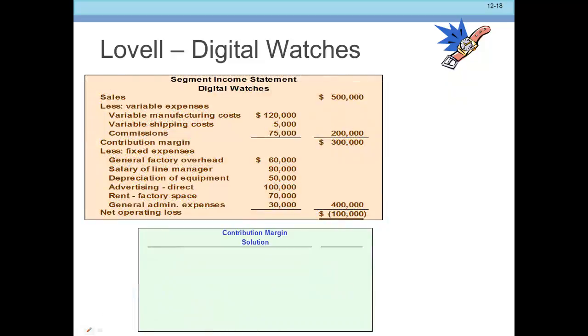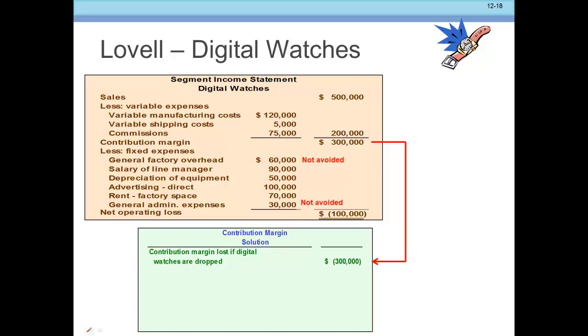We start with our contribution margin, which goes away if we discontinue the product line. Then we identify the fixed costs that also go away. Let's see. The general factory overhead and the general administrative expenses just get reallocated, so those costs are not avoided. We wouldn't include them in our decision. Good.